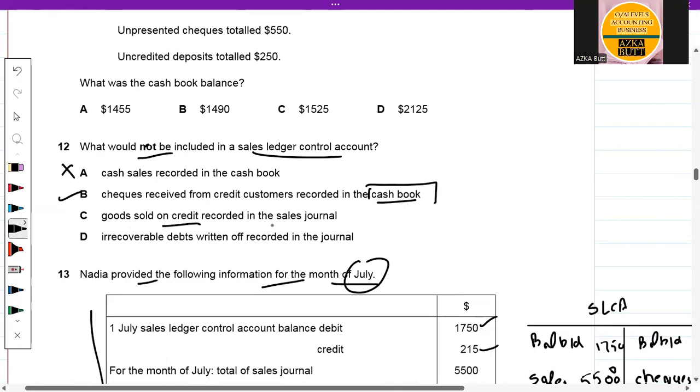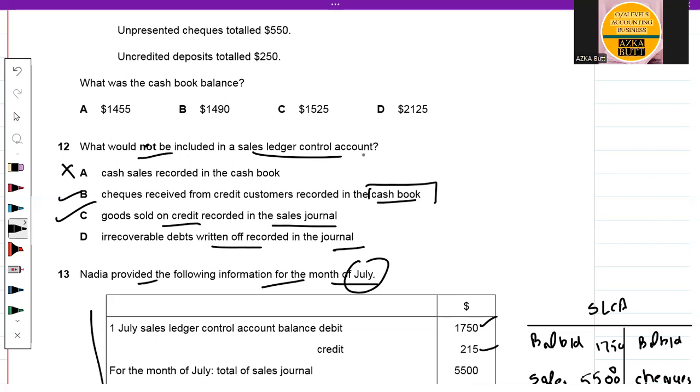Goods sold on credit recorded in the sales journal. First of all, it is recorded in the sales journal, and after that, it will be recorded in the sales ledger control account. Irrecoverable debt written off recorded in the journal. It is firstly recorded in the journal because journal is the prime book, but after that, it will be recorded in the sales ledger control account too. So what would not be recorded in the sales ledger control account is cash sales. So A option is the right option.